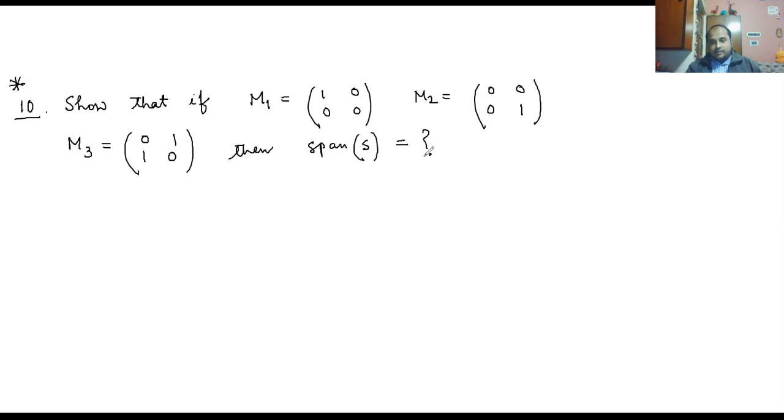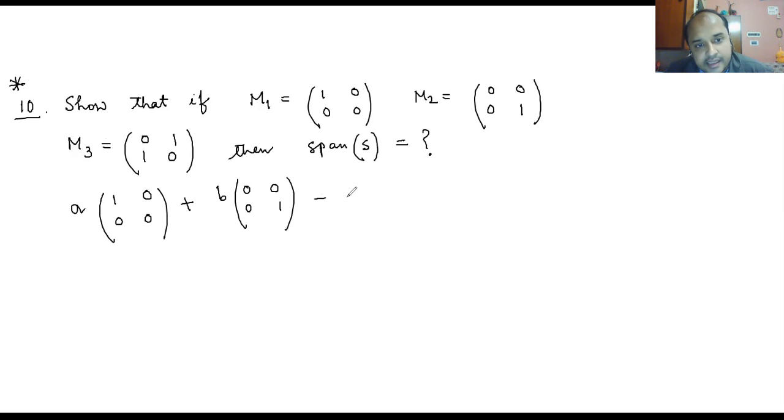What is span of S? Do it by yourself and tell me what it is. So select your scalar quantities: A times 1, 0, 0, 0, and B times 0, 0, 0, 1, and C times 0, 1, 1, 0. And if I do the simplification, let us see what we are getting.